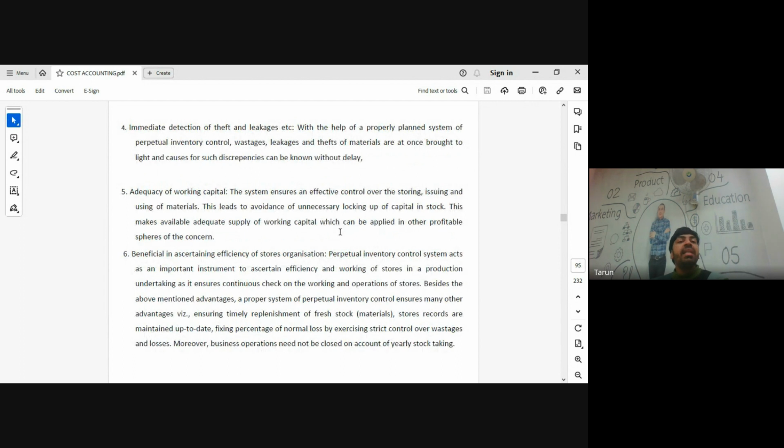Next one is immediate detection of theft and leakages. When we talk about this particular system, it is very important, and it easily controls material wastage, whether it is leakage, wastage, or theft of materials. Why?